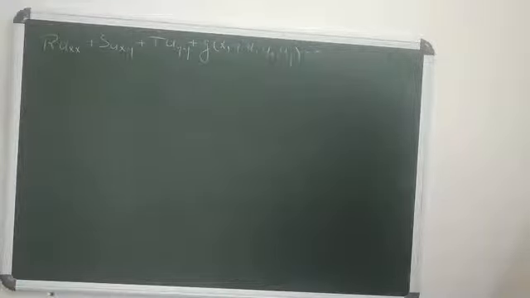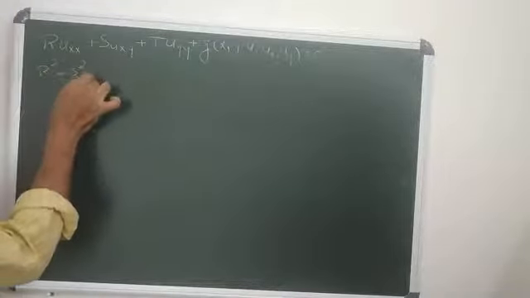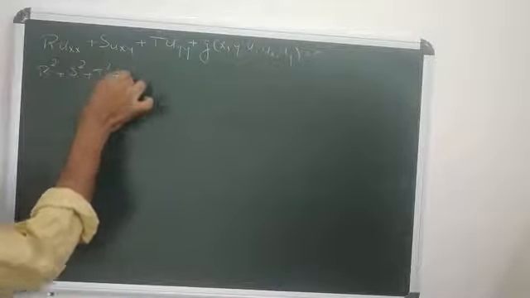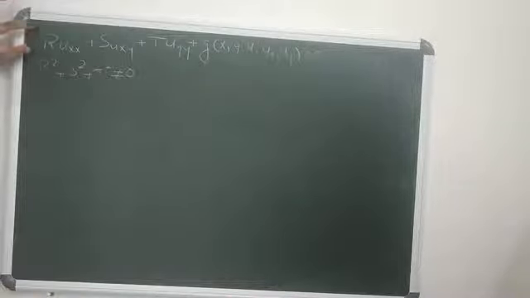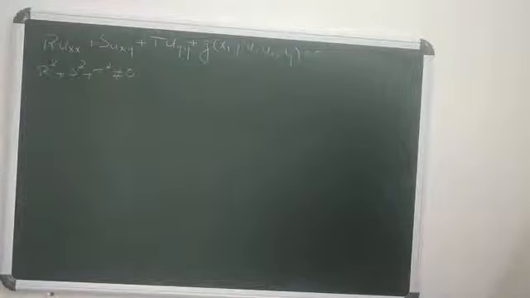Such that here R square plus S square plus T square differs from 0. This partial differential equation is said to be a second order partial differential equation, whose order is second, del square u by del x square and so on.